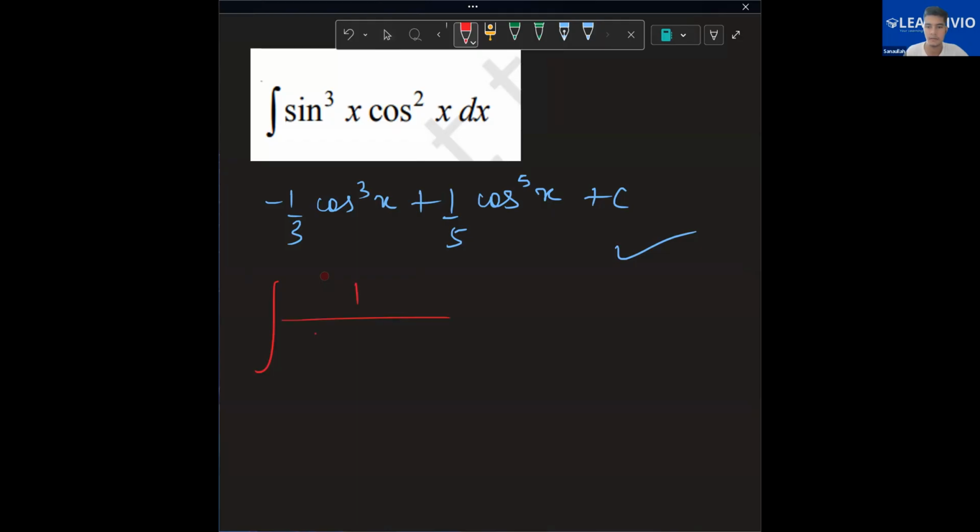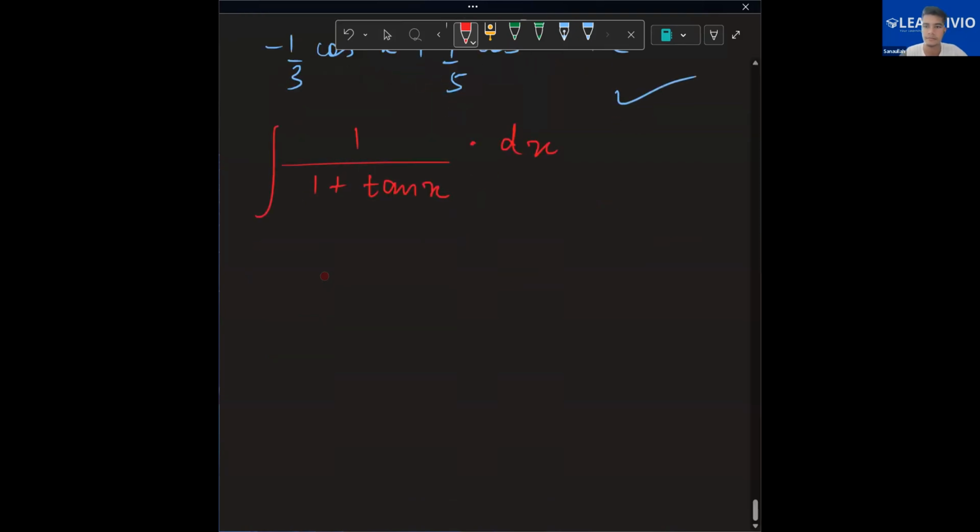Solve this one. 1 upon 1 plus tan x dx. इसको सॉल्व करो.